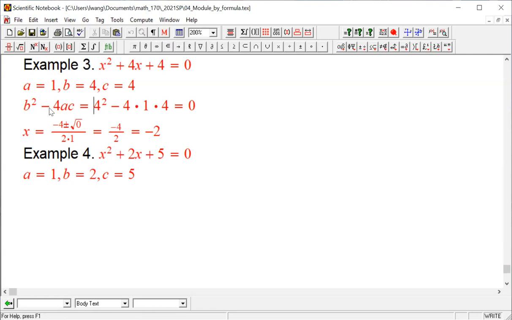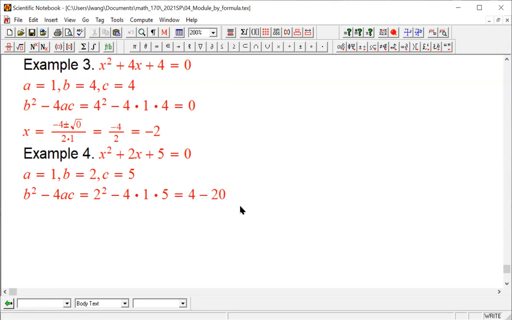And b squared minus 4ac will give us 2 squared minus 4 times 1 times 5, which is 4 minus 20.